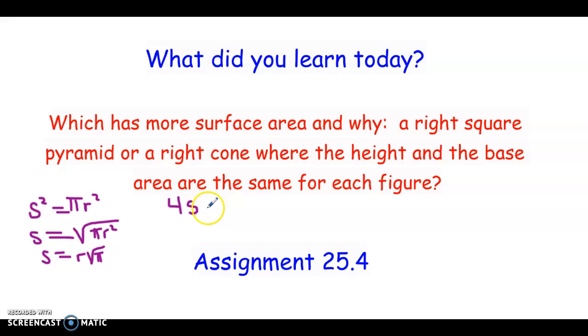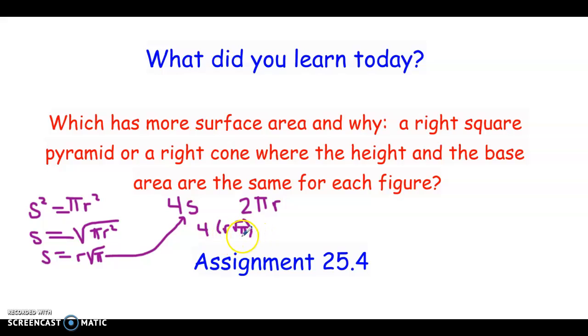If we look at the perimeter of a circle, it's circumference, which is 2 pi r. So we really want to know, are these going to end up being the same, or is one going to be bigger or smaller than the other? Well, we have something we can substitute in for s, and that's r square root of pi. So this would be 4 times r square root of pi.